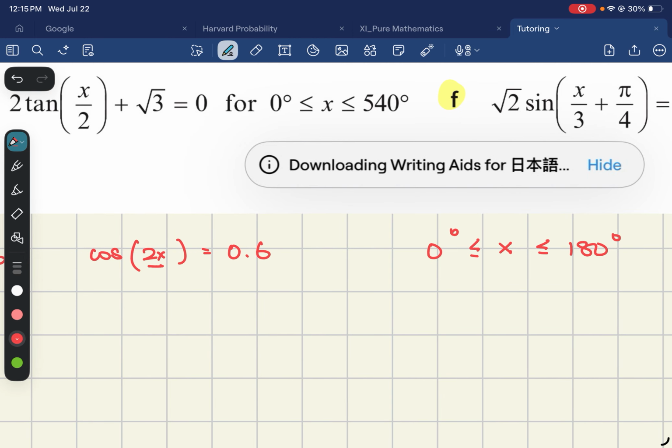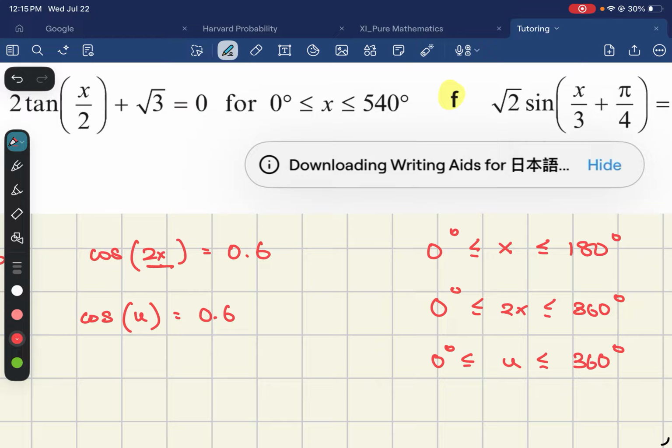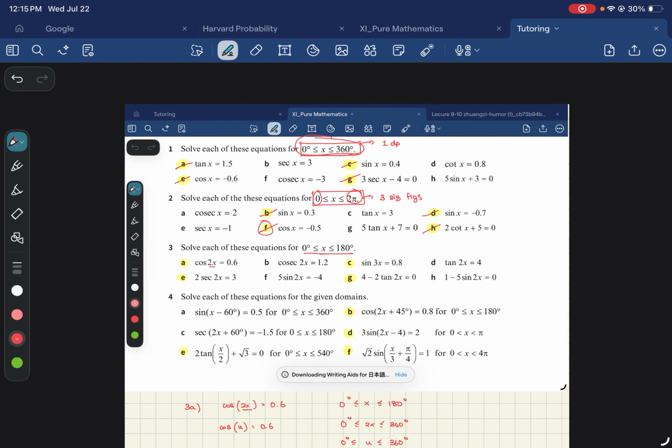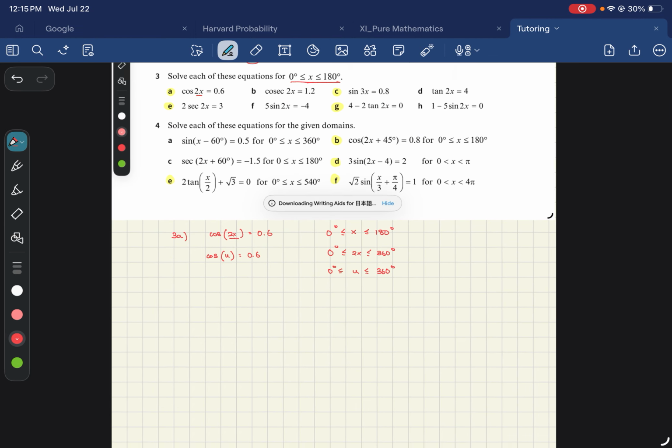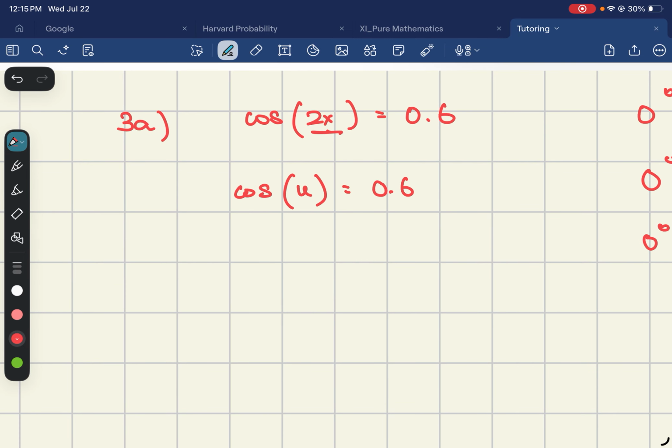Since we're working with 2x, let's see what happens to this inequality for 2x. I just multiplied x by positive 2, so I need to do that to both sides. And let me rename 2x as u. And you will realize that u is just between 0 and 360 degrees. And that is the question that we worked in question 1. So we can use everything we used for question 1 now, but we just need to remember to substitute things back.